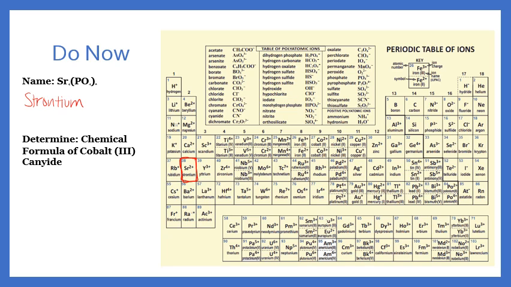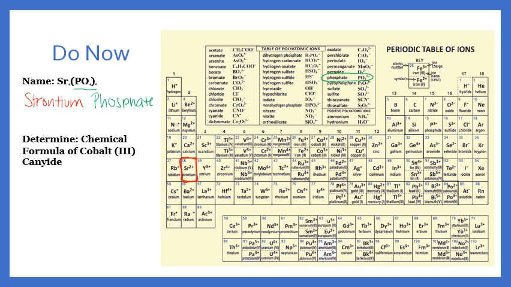And then PO4 is a polyatomic ion, so it's going to be up here, and it is phosphate. So we should just write strontium phosphate.